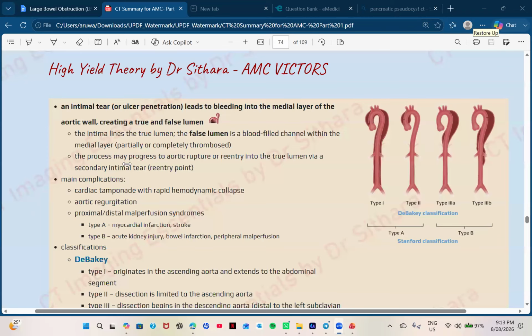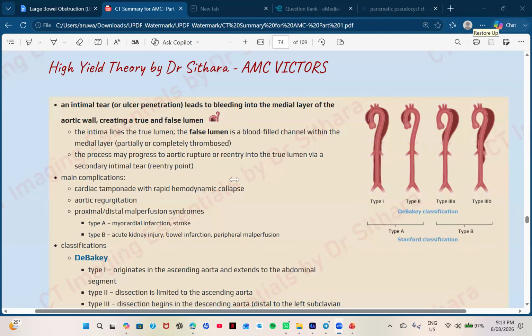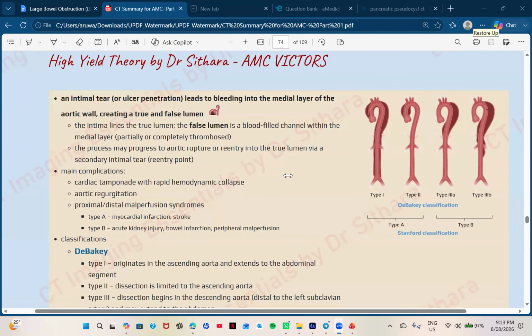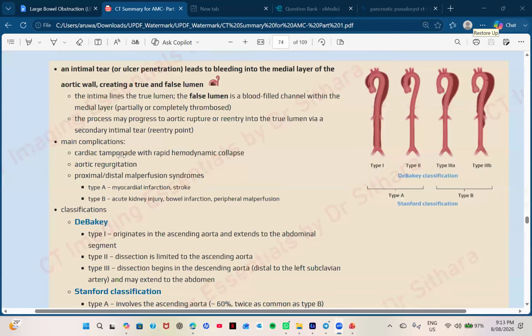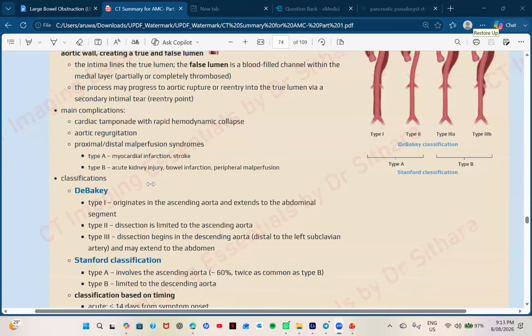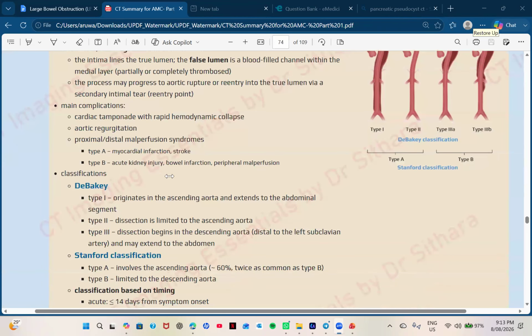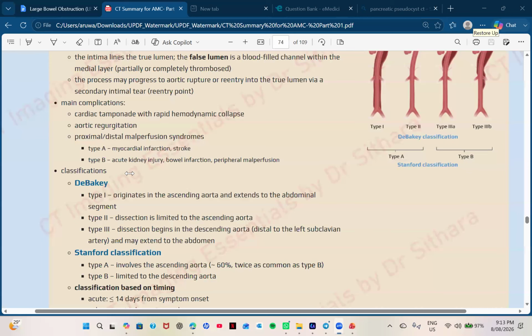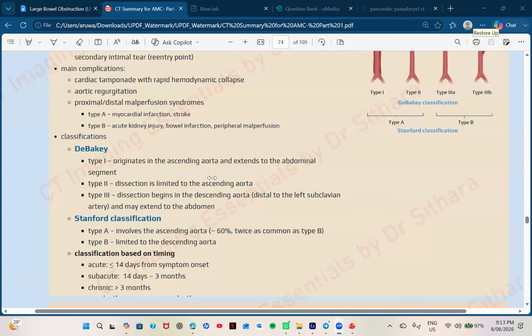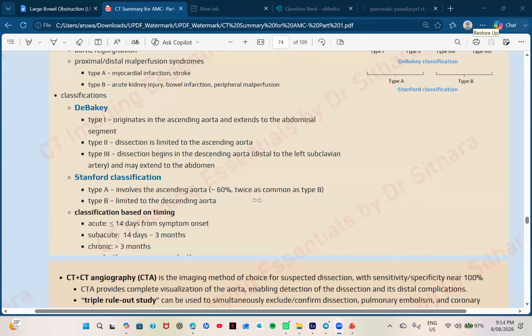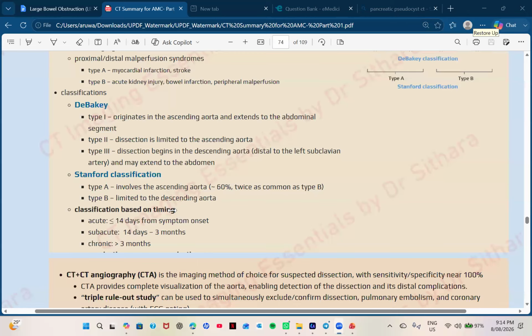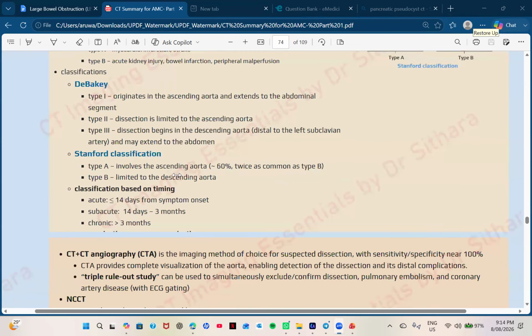It may progress to aortic rupture or re-entry into the true lumen via a secondary intimal tear. The main complications: cardiac tamponade due to regurgitation, and in type A, MI or stroke; in type B, acute kidney injury. Stanford type A involves the ascending aorta, about 60%, twice as common as type B. Type B is limited to the descending aorta, right?